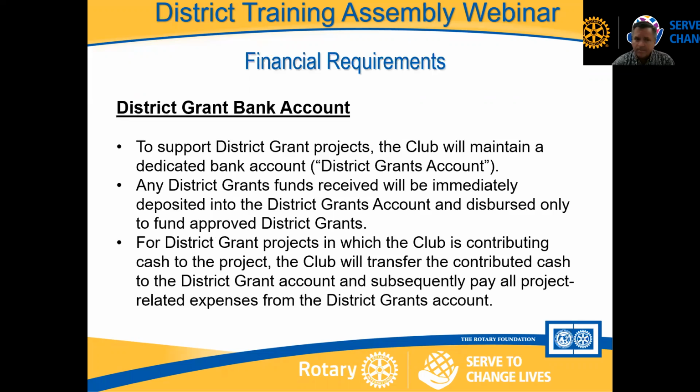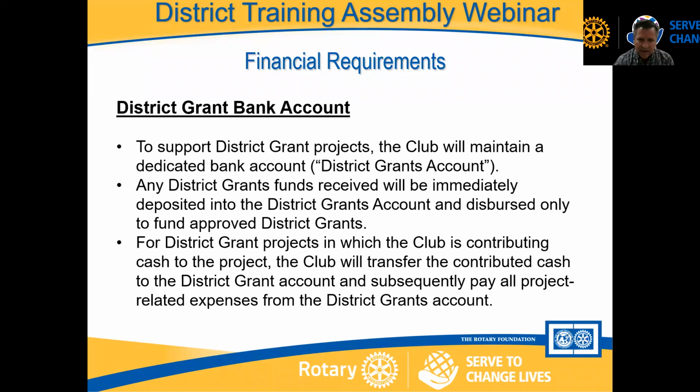Next slide, please. So what is that district grant bank account? What are the financial requirements? Again, it's a dedicated bank account. It can be at the same bank that you use for your regular club funds, but it is a specific separate account. Ideally, it's called the district grants account.